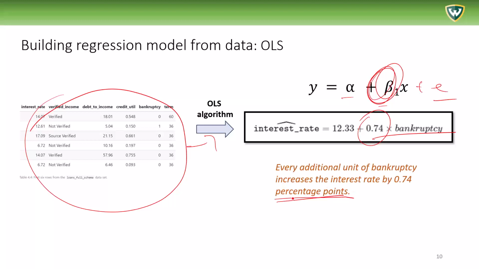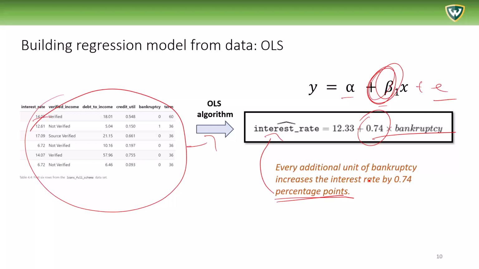The data type of the dependent variable is the one we use to explain here. I'm saying percentage points because the interest rate is in percent, but it doesn't increase the interest rate by 0.74% because that would mean something else.